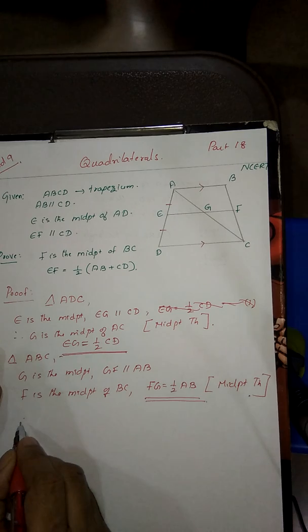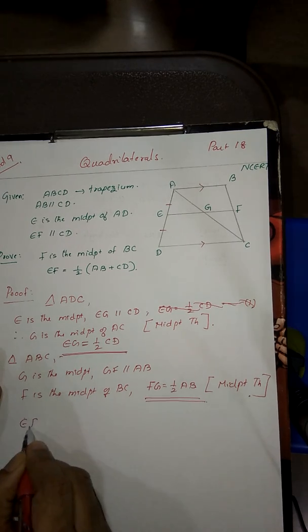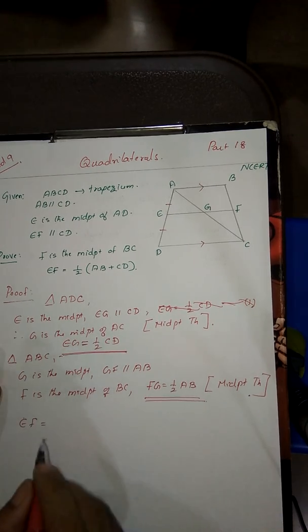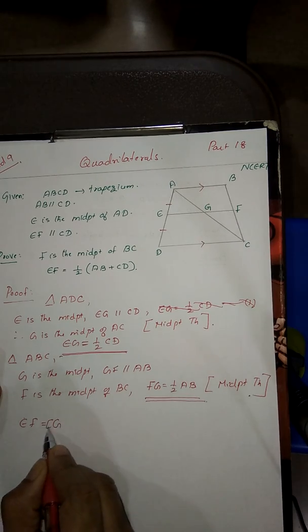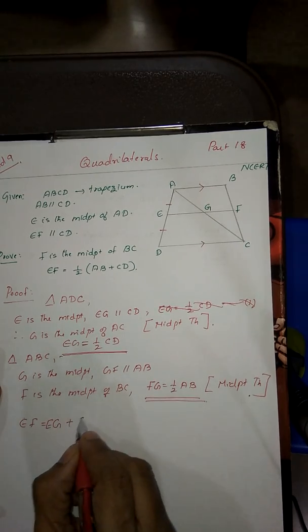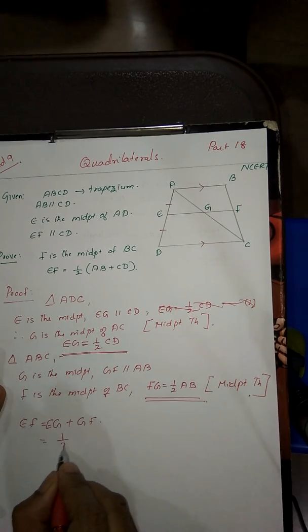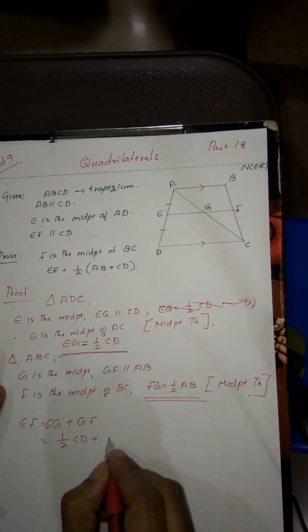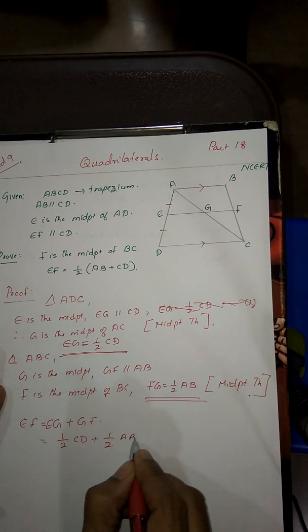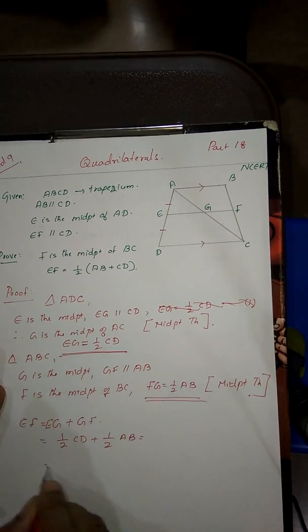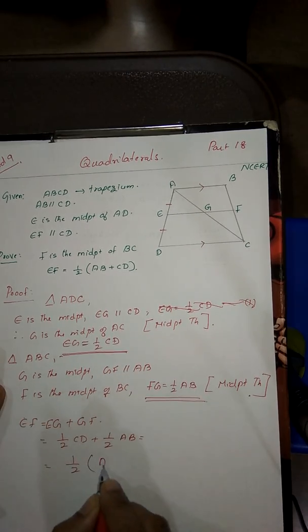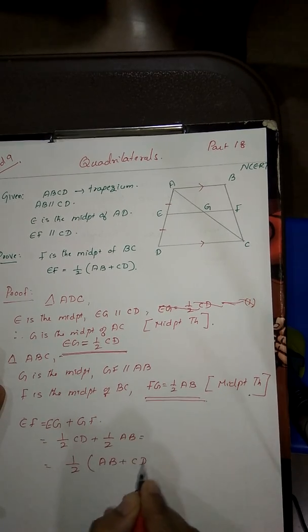Now EF is equal to EG plus GF. So EG is equal to half of CD plus half of AB. So this you can write as half of AB plus CD.